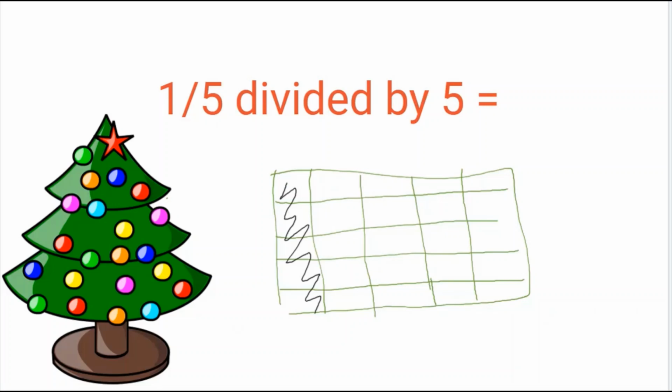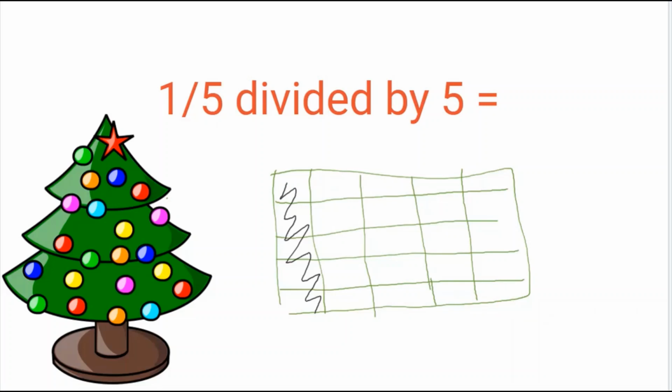And then once you've done that, you're going to count all of the squares. So we have 1, 2, 3, 4, 5, 6, 7, 8, 9, 10, 11, 12, 13, 14, 15, 16, 17, 18, 19, 20, 21, 22, 23, 24, 25 squares.